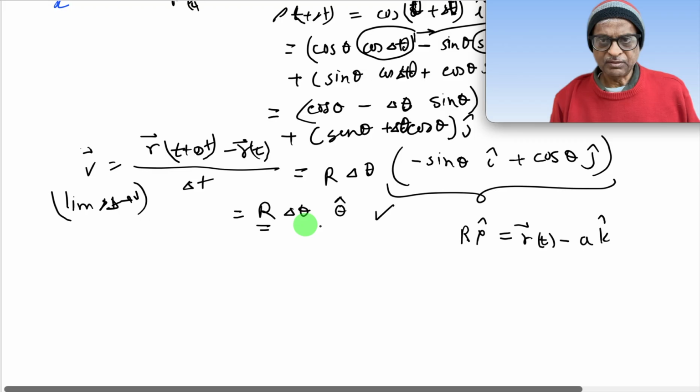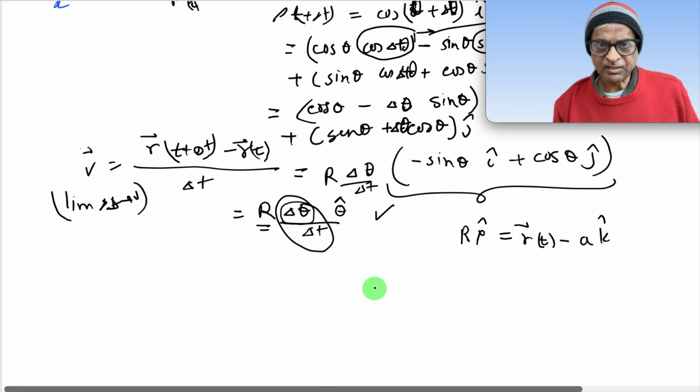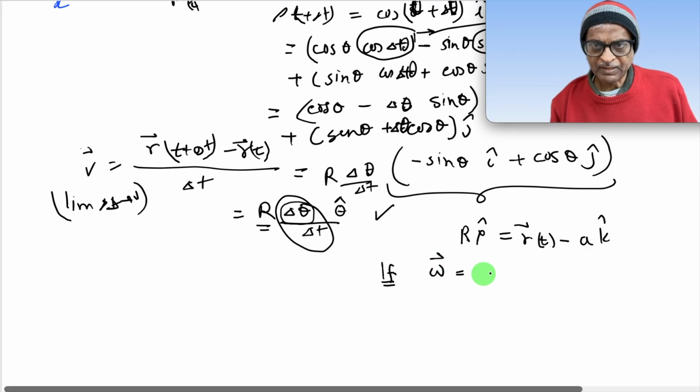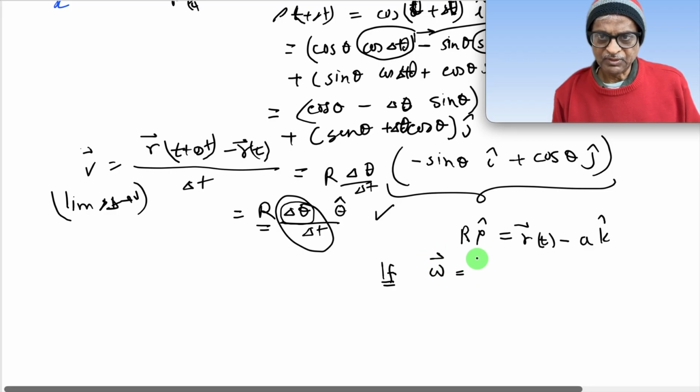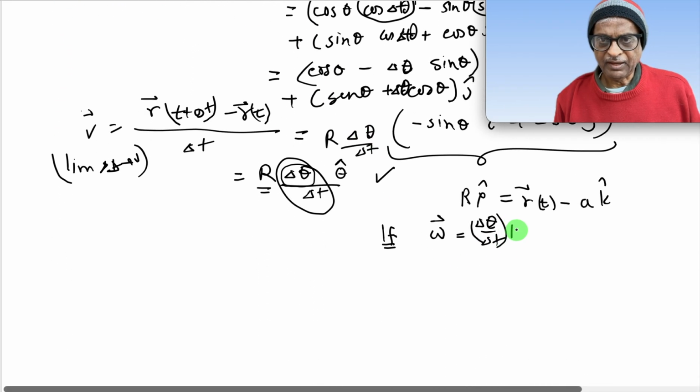And if I divide delta theta by delta t, this omega is equal to delta theta over delta t, and the axis of rotation is still k hat.